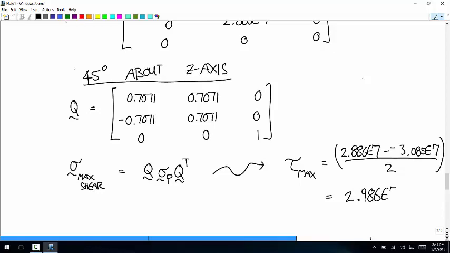And this is the thing that you would compare for your material, the number of loading cycles you're dealing with. You have some value that you don't want to exceed for your shear stress, and this is what you compare to.